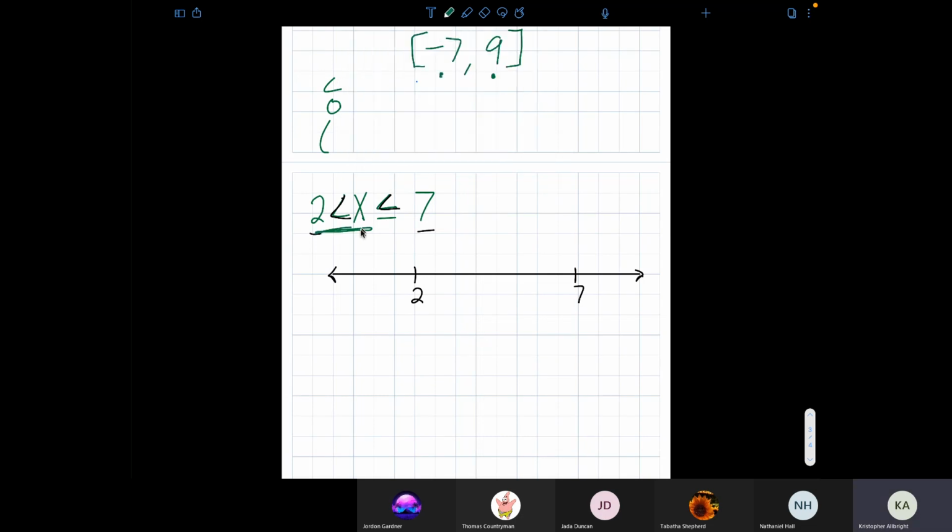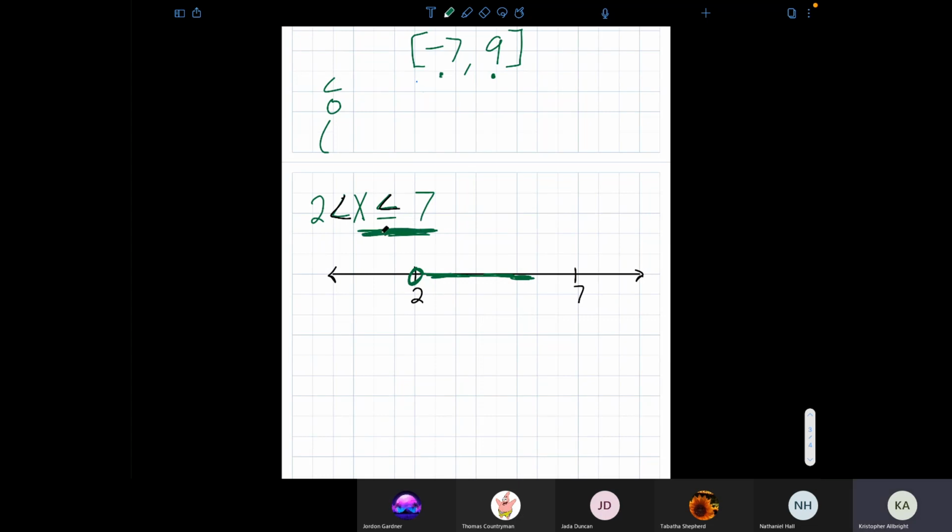So we're dealing with just this by itself to start with. So X is bigger than 2. We're using an open circle because we don't have the less than or equal to sign right here. We're just dealing with less than or greater than. And then we color in a little bit this way. I'm just going to do that so that when we get to the second part, we don't have to erase anything.